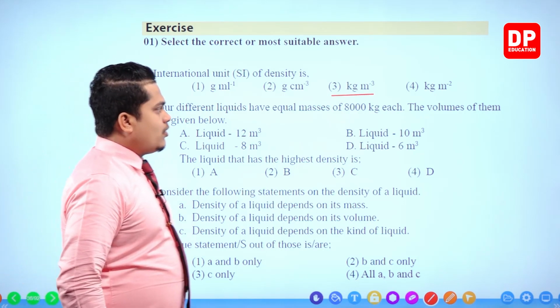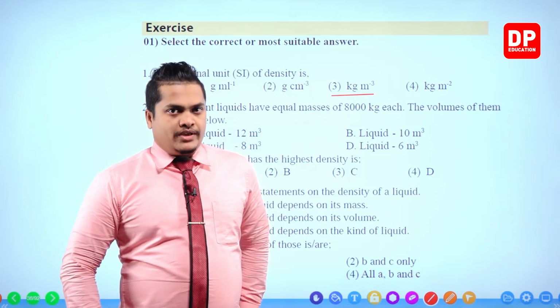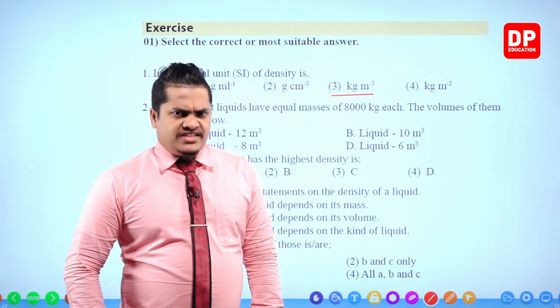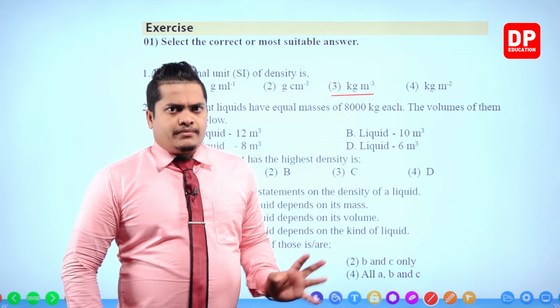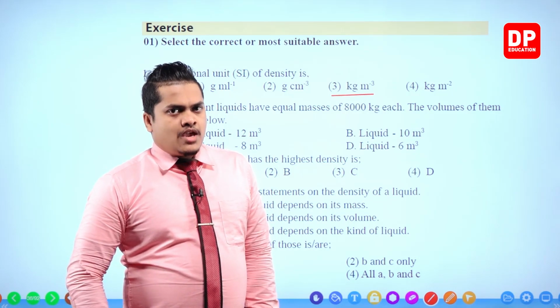Right, my dear children. When you are given this type of question, I know that you are going for the calculations. You are going to calculate and find out the answer for each and every value, then select from those answers the one which has the highest density.